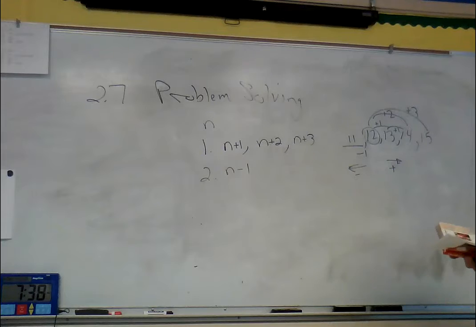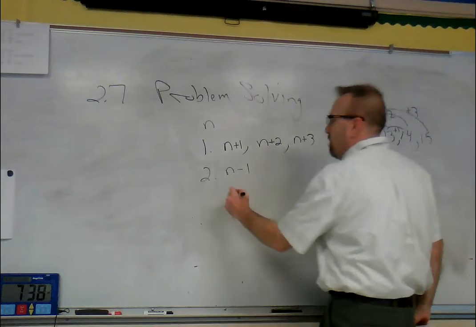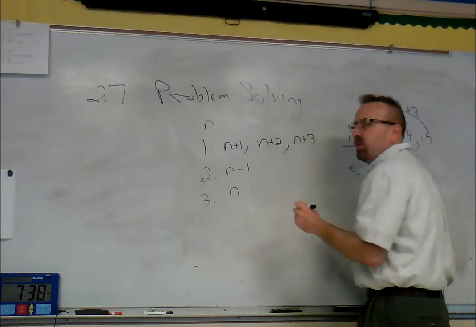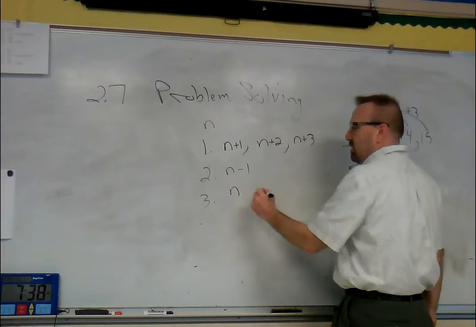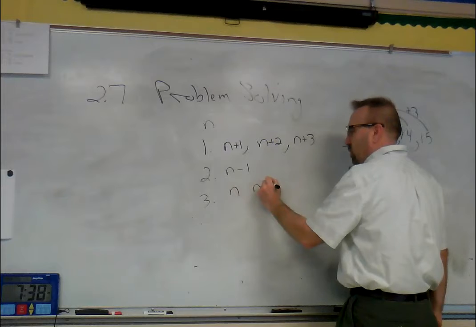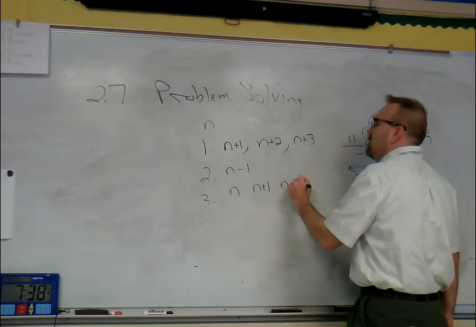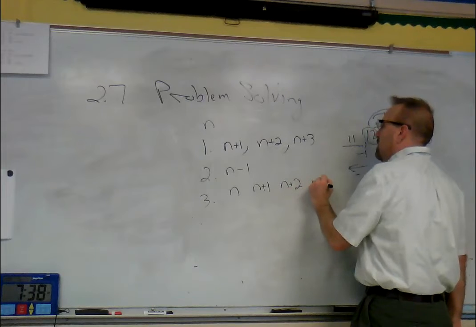And then the last one says write an equation that states the sum of 4 consecutive integers, starting with n, is 66. So we're starting with n. So our first number is n. They're consecutive. So what's our next one? n plus 1. We have n plus 2 and n plus 3.